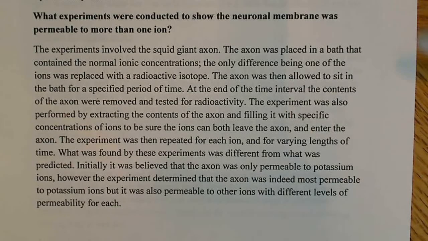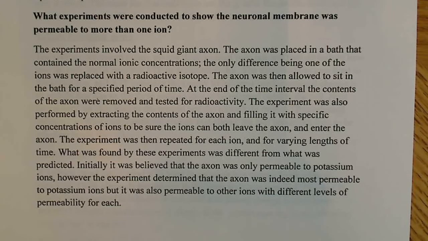So that's the reason they used the radioactive isotopes. The axon was then allowed to sit in the bath for a specified period of time. At the end of this time interval, the contents of the axon were removed and tested for radioactivity.